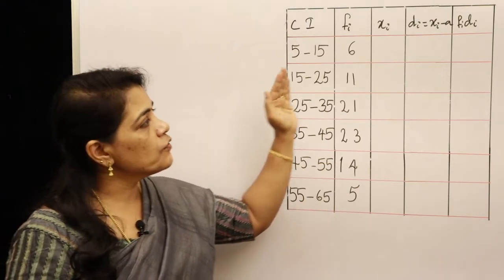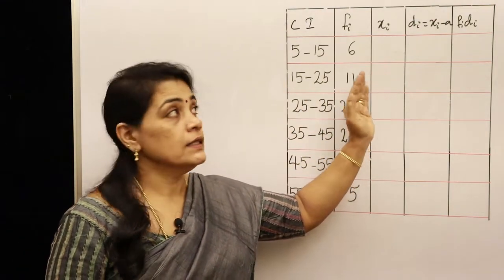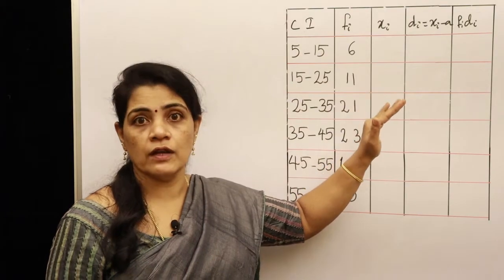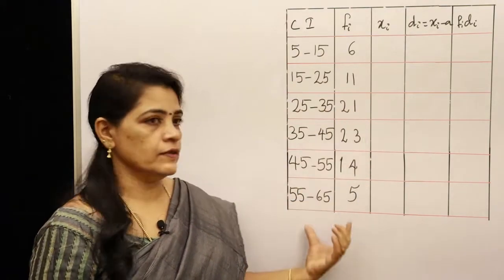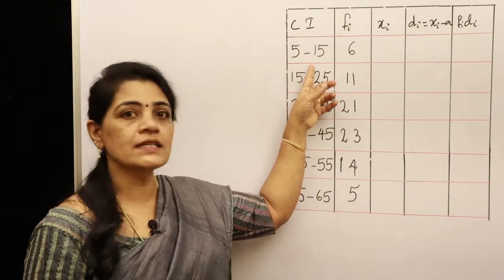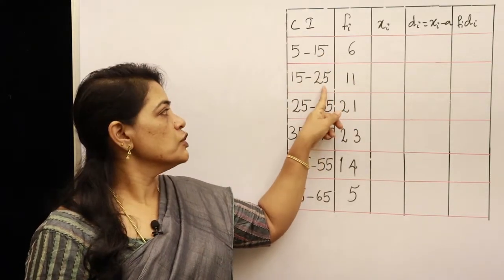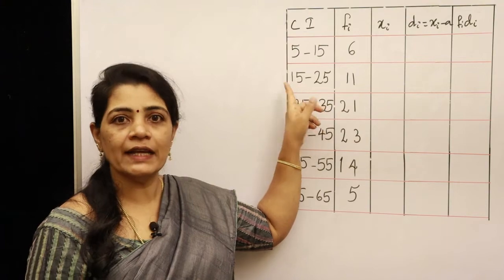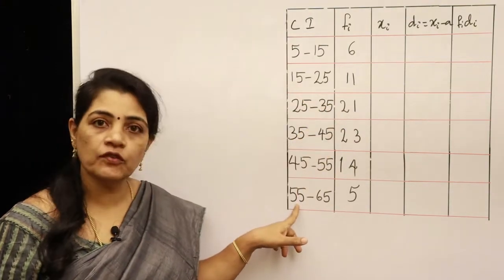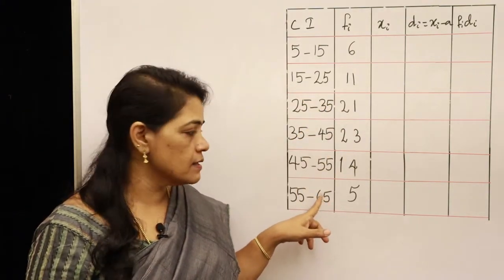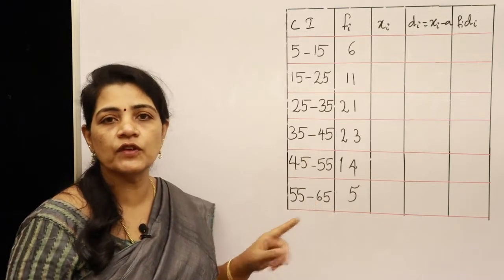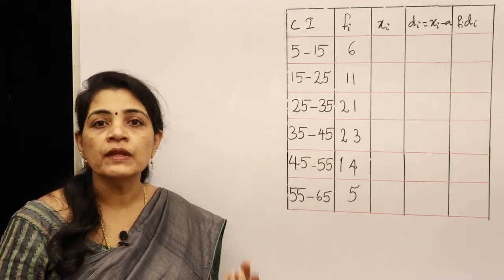The difference between the consecutive mid values is also the same as this class width. Here the class width is 10, that is 15 minus 5, 10, 25 minus 15, 10. See the last entry, 65 minus 55, that is also 10.